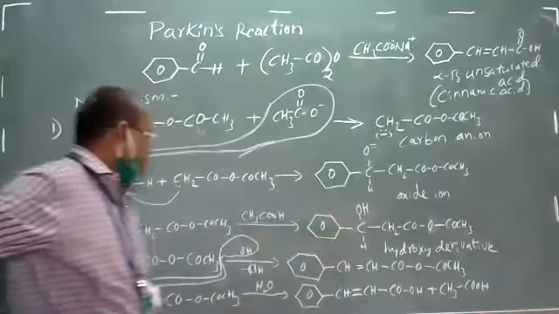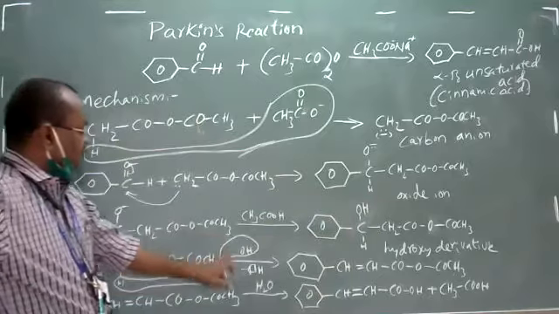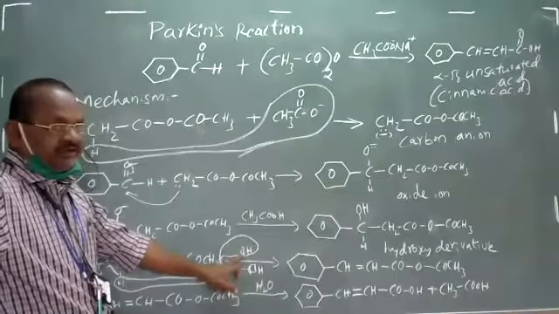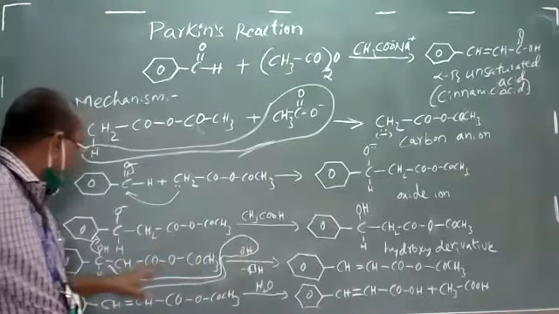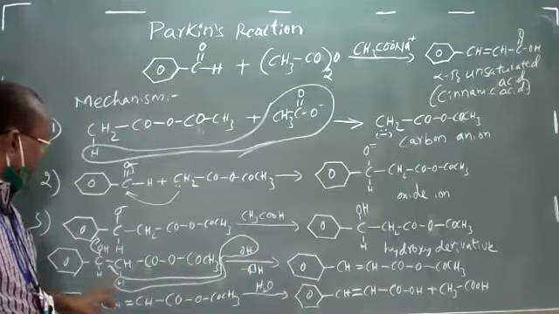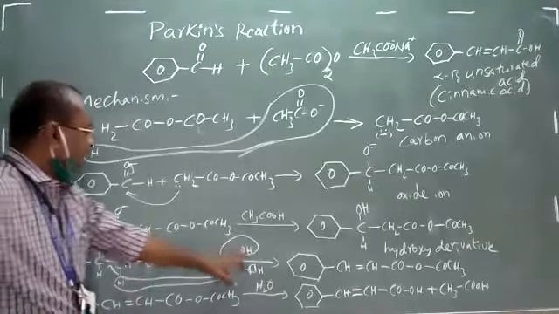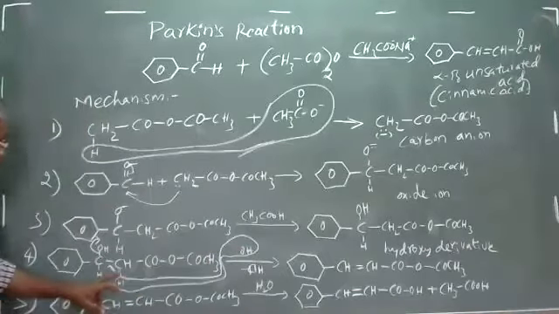Clear? This hydroxy derivative in the next step, once again, is going to lose an alpha hydrogen to the base. The OH abstracts one more alpha hydrogen from this hydroxy derivative. It abstracts this hydrogen as a proton and forms a water molecule, and the bond electrons will move to form a double bond between alpha and beta.